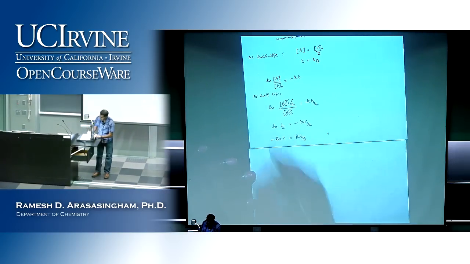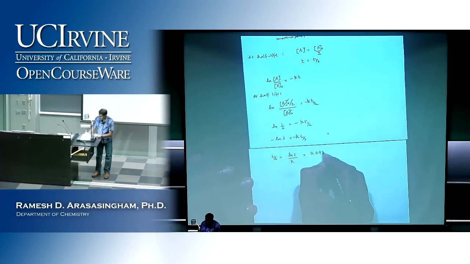So if I rearrange that equation, I can say t half, there's a negative sign there as well. So the two negative signs will get rid of each other. t half equals ln 2 over the rate constant k. ln 2 is 0.6931 divided by k.